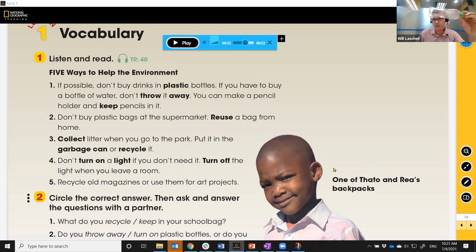Can we recycle this bottle? Yes, we can. How about this? Can we recycle this plastic bag? So this kind of plastic we cannot recycle, but this kind of plastic we can. So it actually depends on the type of plastic.